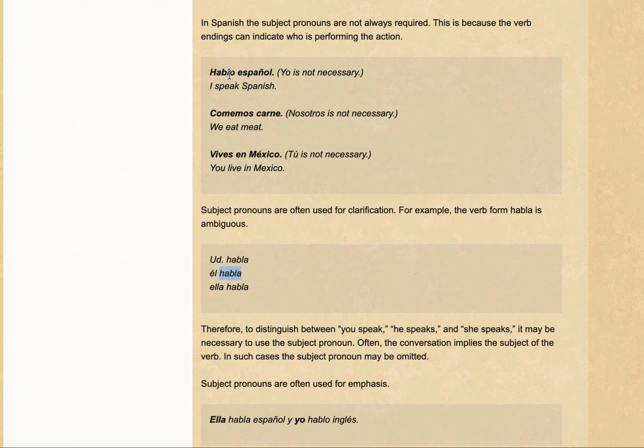Like hablo means yo hablo, because for yo we add o to everything, irrespective of whether it is an AR verb, ER verb or IR verb.